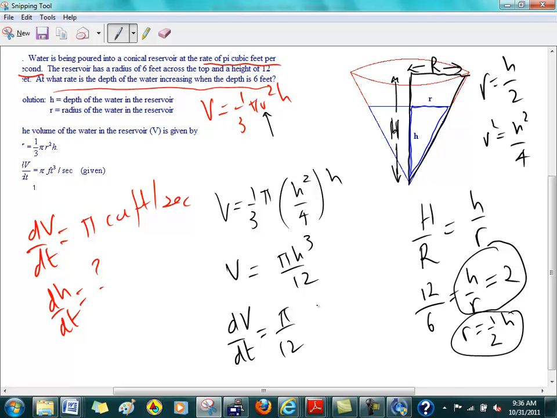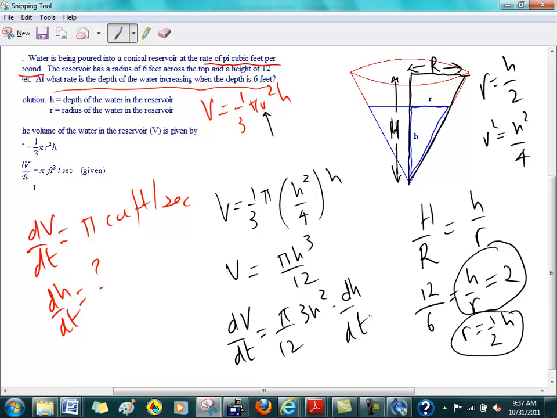Thank you. 3h squared times h prime, which is dh by dt. h prime is dh by dt. Is everybody with me on this stuff? I like to write it explicitly because if I drop that prime, I'm screwed. But you're more than welcome to write it as h prime.